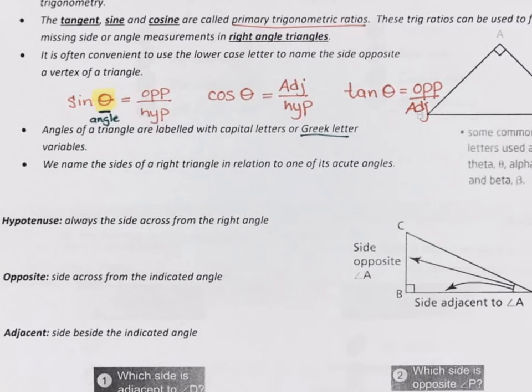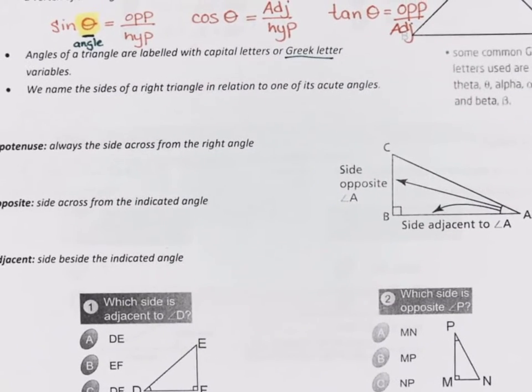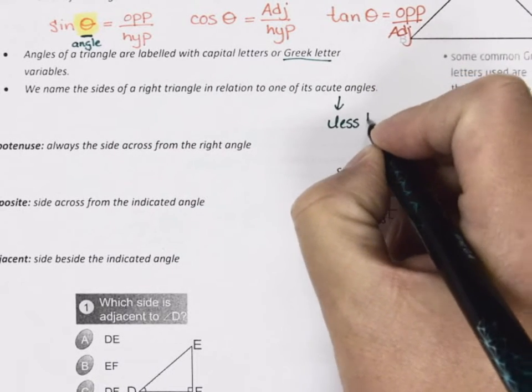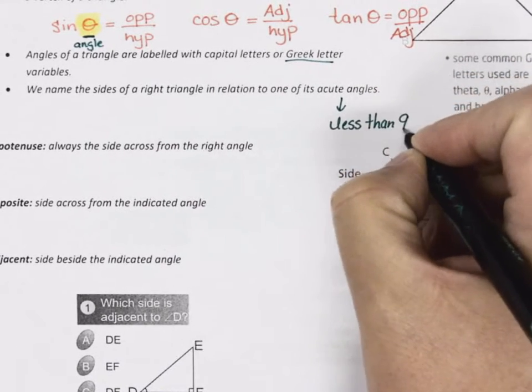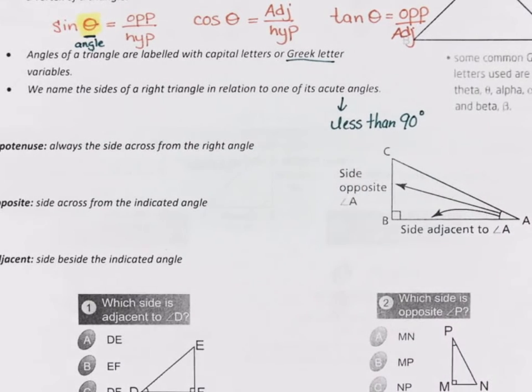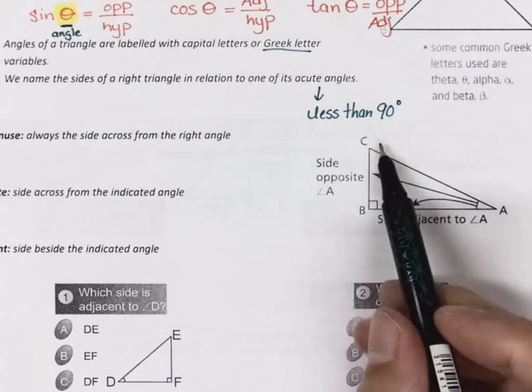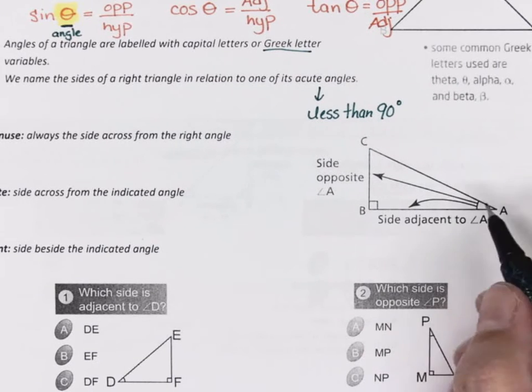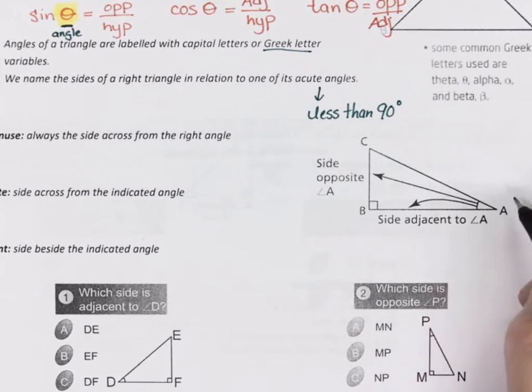Okay, so acute angle. What's an acute angle? Less than 90. Okay, so an acute angle is less than 90. So when we're looking at this triangle here, they've indicated that A is our angle.